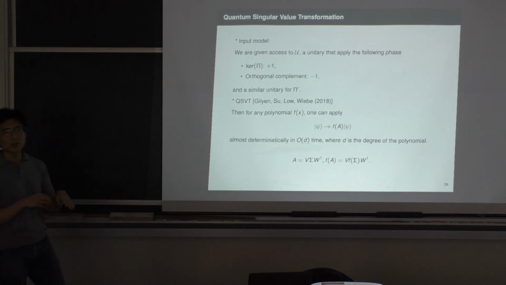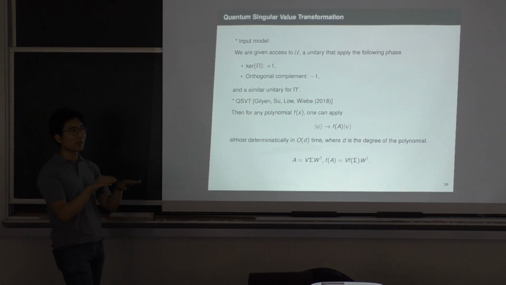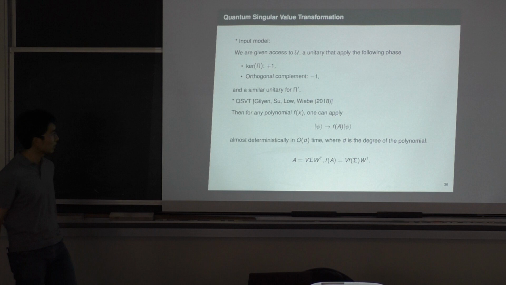So the idea then is that if you want to apply some function, let's say a step function of some input matrix A, what you would do is approximate the step function by a low degree polynomial, and the higher you make the degree, the closer and closer you get to the step function, but you pay in terms of complexity. So what you do is look at the maximum error that you want to tolerate and find the lowest possible degree that can guarantee that kind of error.